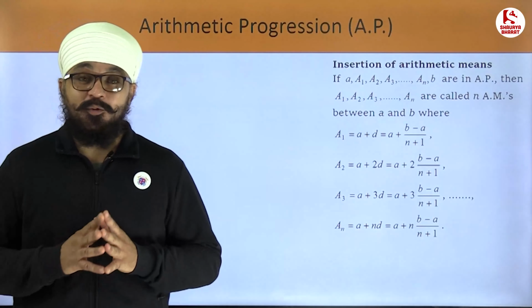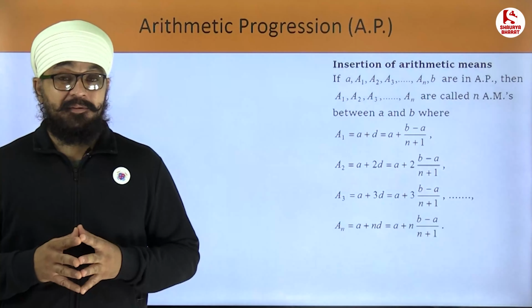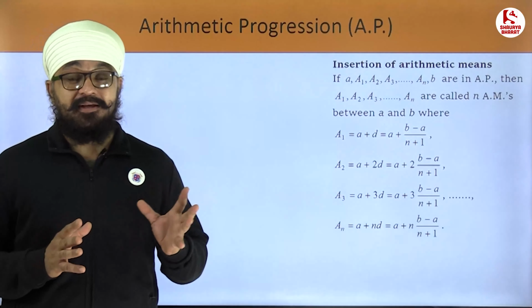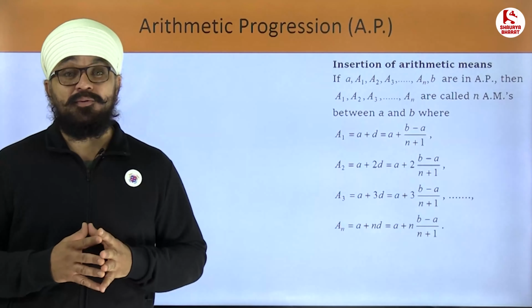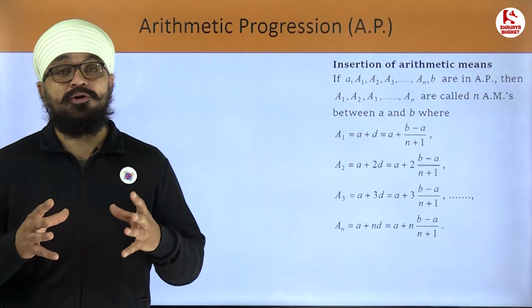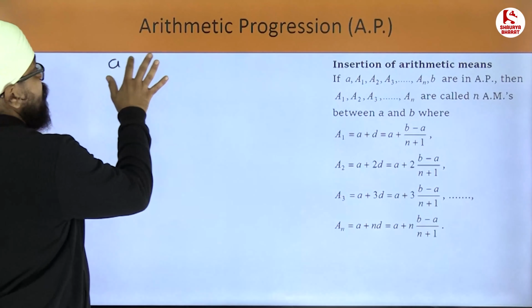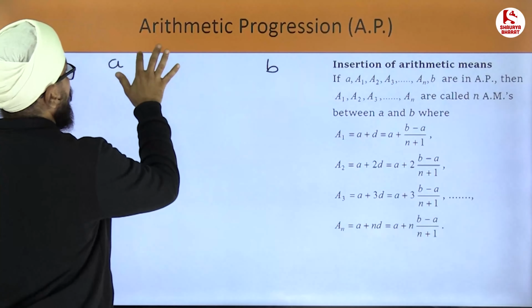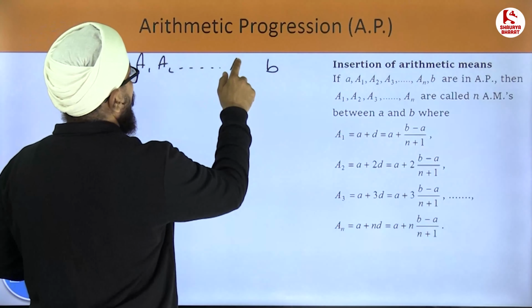Now, after inserting one number between a and b, we got a single arithmetic mean, taken as capital A, which is a plus b divided by 2. Now let's insert many numbers. I am going to insert n numbers between a and b. Between a and b I insert a1, then a2 and so on up to an.